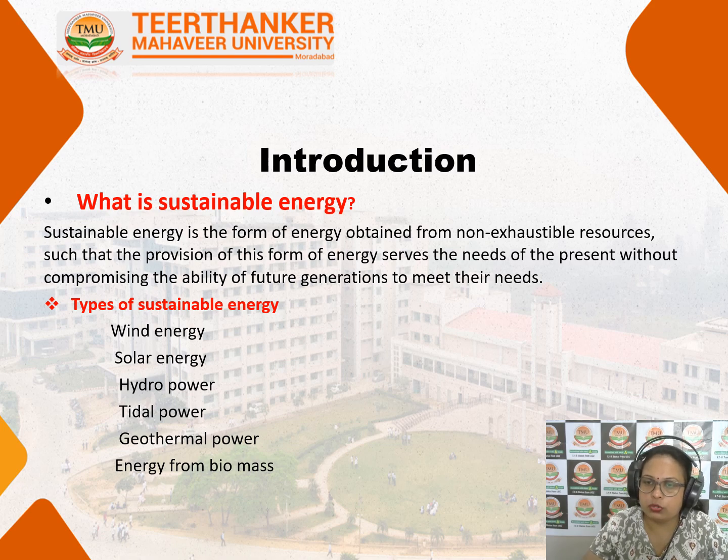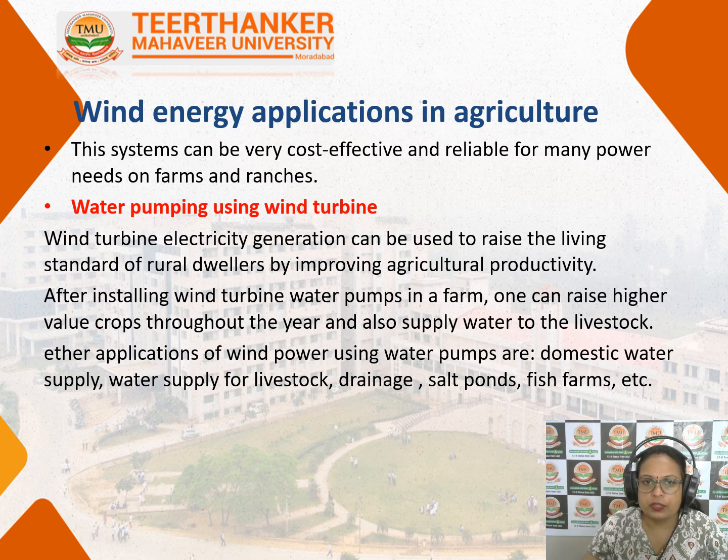That is, they can be used again and again, and they will never be exhausted by the earth. The different sustainable energy sources are wind energy, solar energy, hydropower energy, tidal energy, geothermal energy, and energy of biomass. Let us talk one by one about the different energy sources and their application in agriculture.